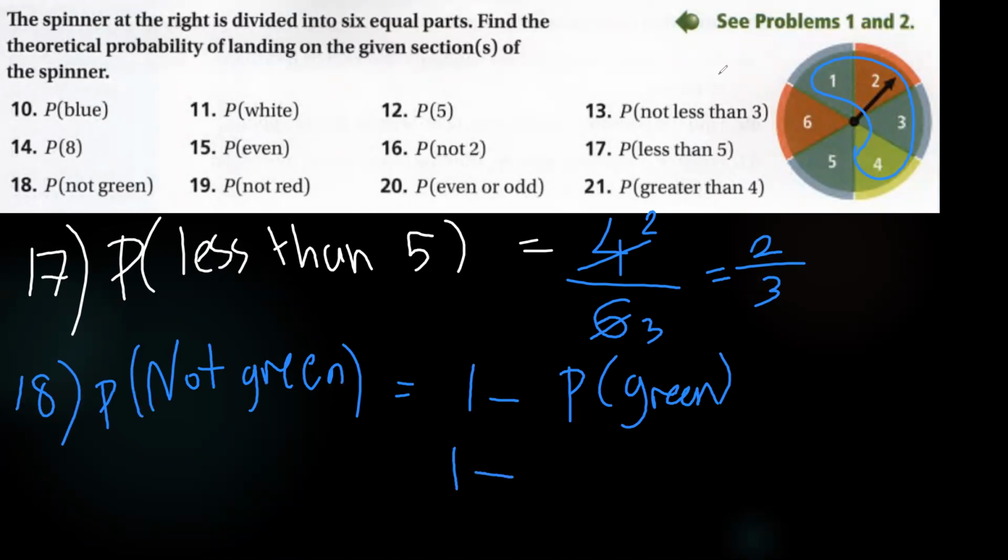So 1 minus, what is the probability of getting green? How many are green here? Only 1. How many parts? From 6. So you have to say that 1 will be 6/6. So it is 5/6. So the probability of not green is 5/6.